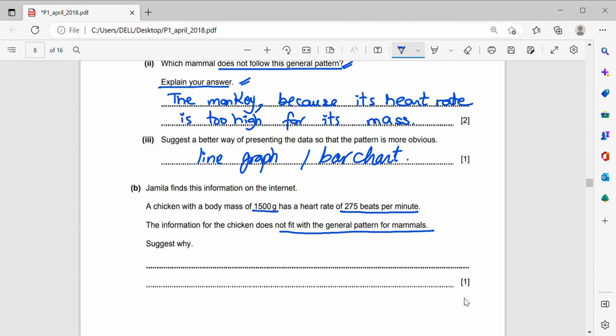So it should be in between the two results, between, for example, the cat and the rabbit. And this is not the result here. So why a chicken doesn't follow this pattern? We have two reasons here. The chicken is a bird, not a mammal.